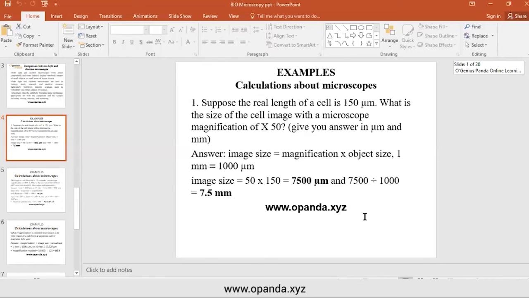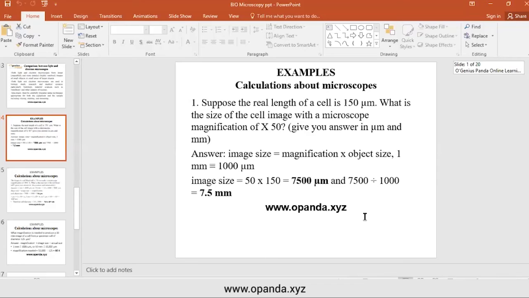You see the length of the cell is 150 micrometers. What is the size of the cell image with a microscope magnification of 50 times? Here we are given the magnification and the object size, the length of the cell. The image size is equal to magnification times object size.